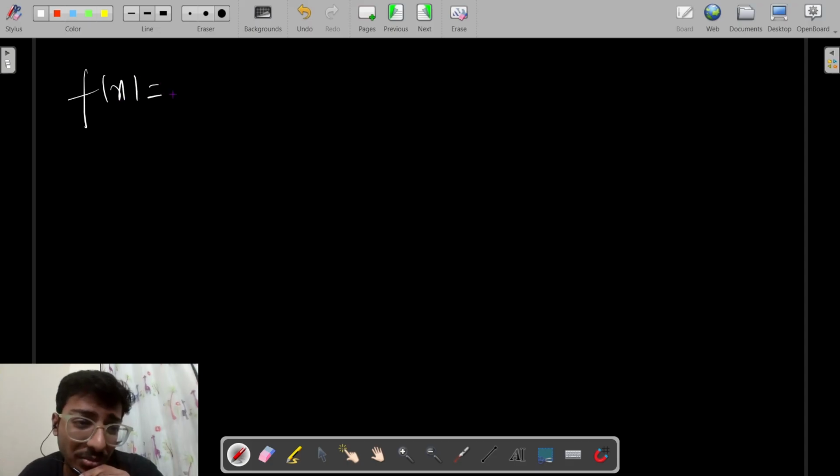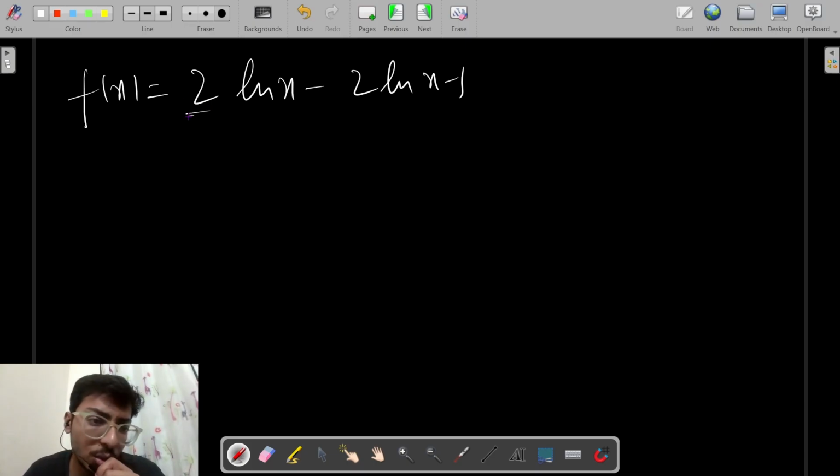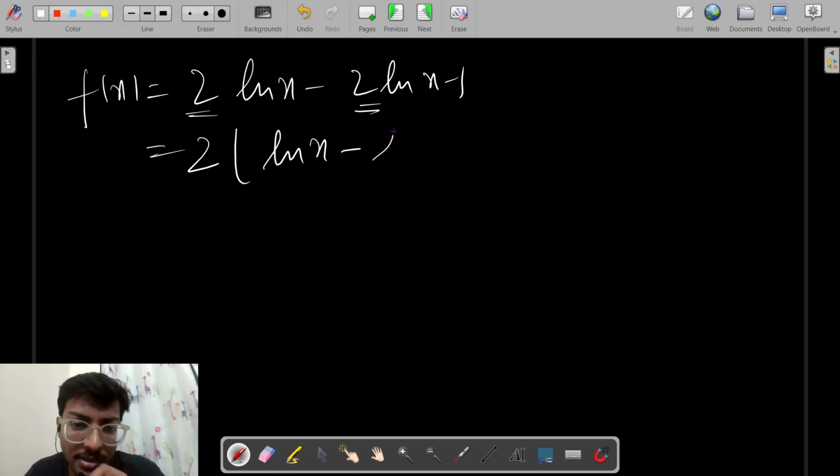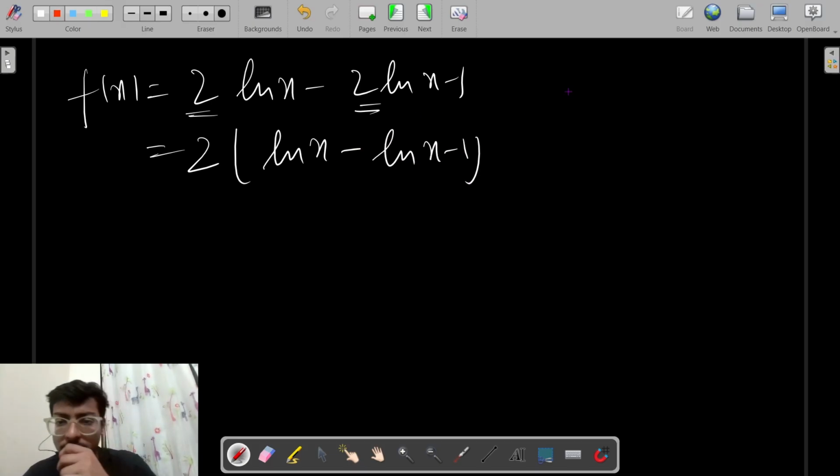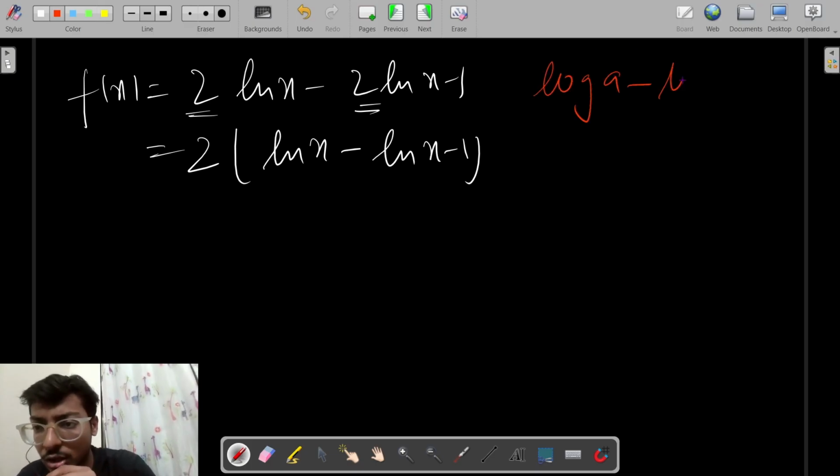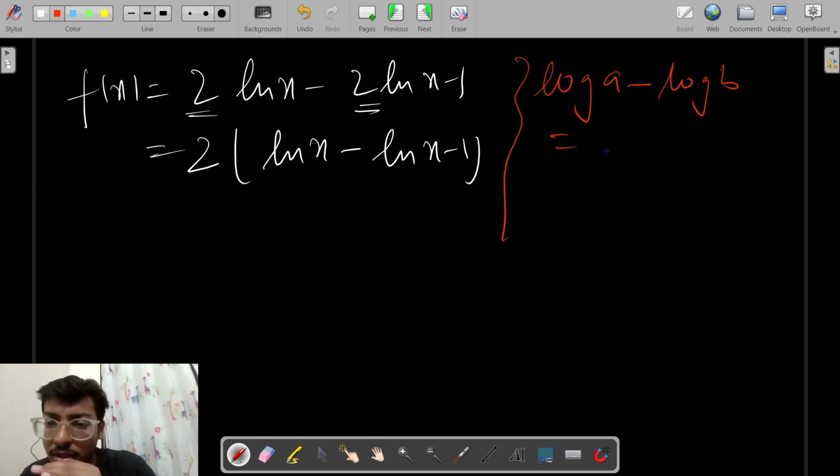f(x) is 2 ln x minus 2 ln(x minus 1). Let's first take this 2 as common, so it can be written as 2 times (ln x minus ln(x minus 1)). There is a property of log which says that if two log terms are subtracting, that is log a minus log b, you can simply write it as log of a by b.